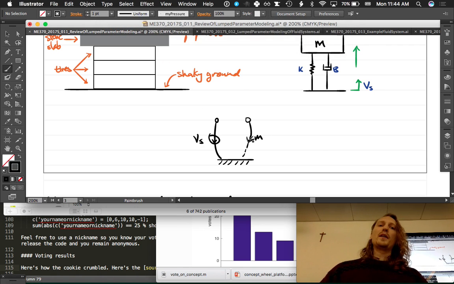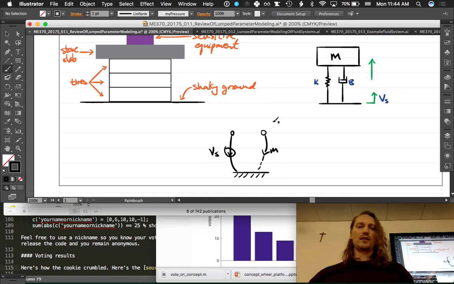And then how are they connected? Aren't they both going from the velocity source to the mass? Yeah, so the K and the B have to go from here to here. They're not in series, though. They're in parallel, right? So one has to go this way, and the other one has to go this way. And which direction should I draw the arrows? Towards the mass.